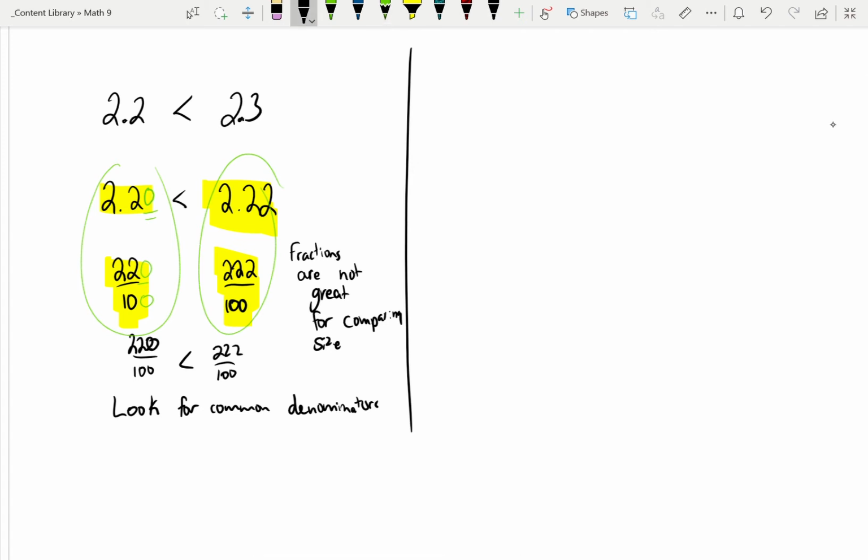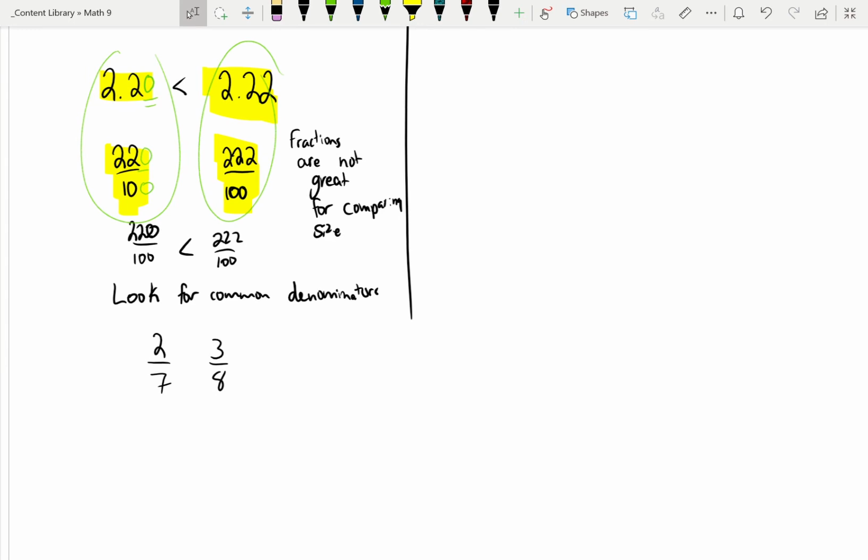One final example of this, what happens if I have 2 over 7 versus 3 over 8? For something like this, again, I want to look for the common denominator. I can find 2 over 7, common denominator would be 56.